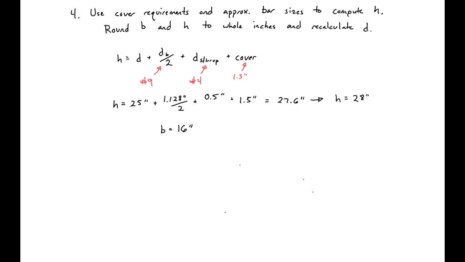So these will be our final exterior dimensions of our section, and then we can use our H to back calculate our D, and we'll find that our new D is equal to 25.4 inches. So we'll use these section dimensions moving forward.